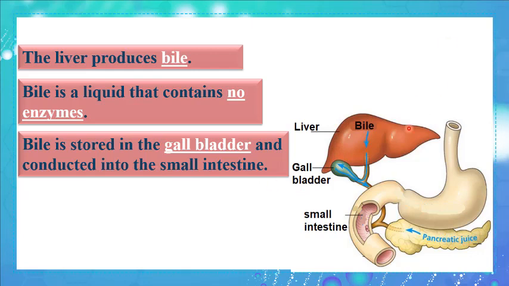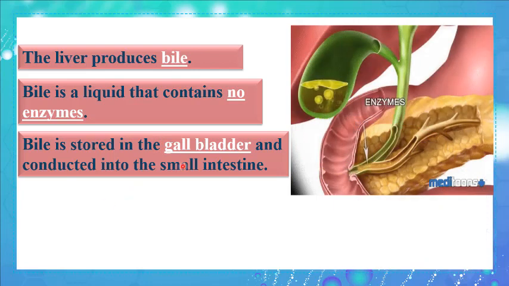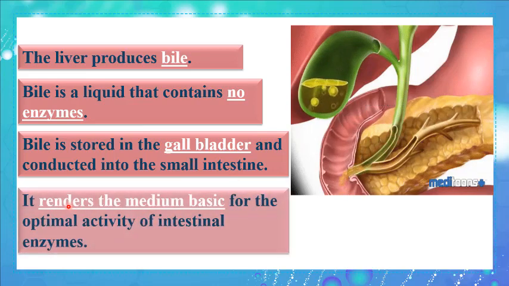So, the bile is produced by the liver, stored in the gallbladder, and conducted into the first region of the small intestine. This figure shows how the bile is conducted into the small intestine through the bile ducts. It renders the medium basic for the optimal activity of intestinal enzymes.